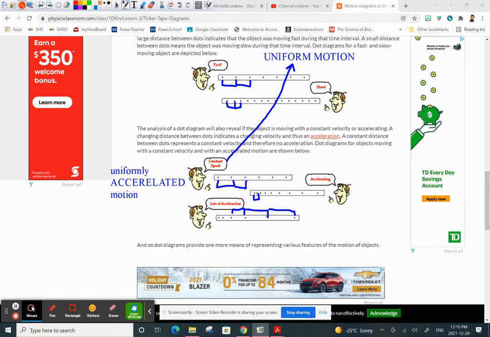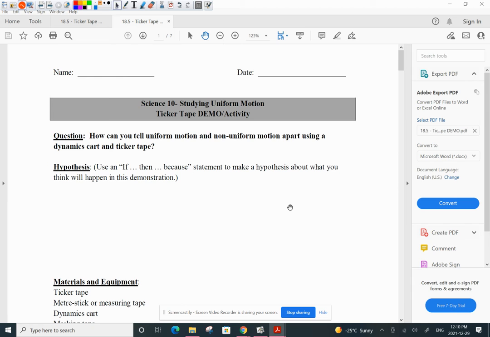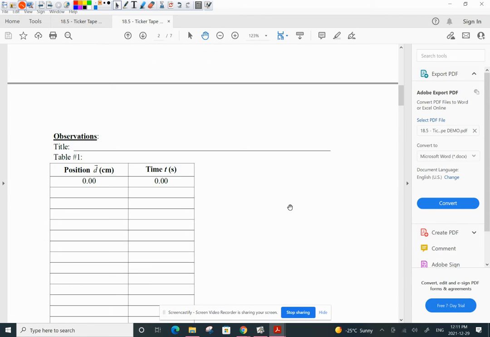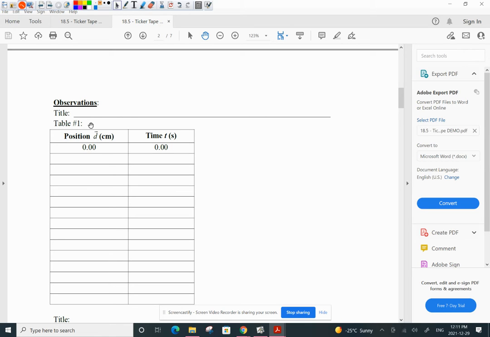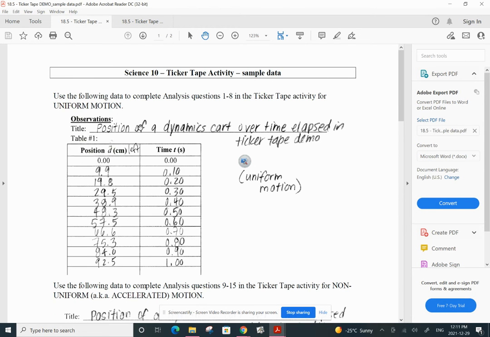The whole point of doing this was to graph out these changes on our ticker tape demo. To make things easier for you, I gave you the data tables. These data tables are given as table 1, position of the dynamics cart.